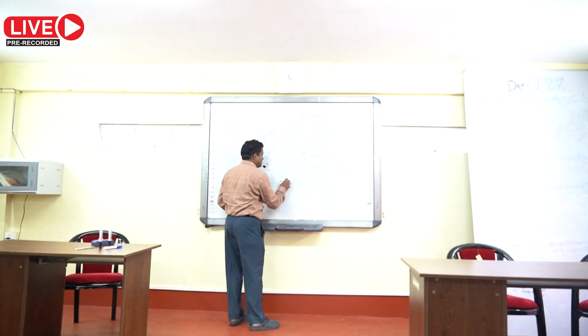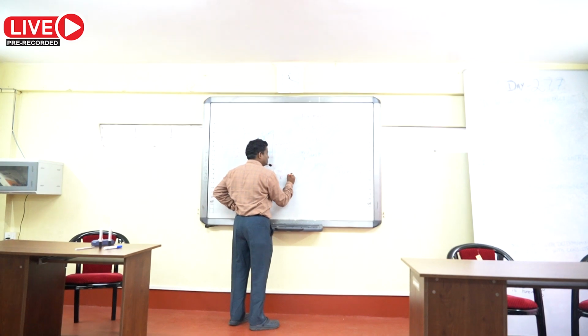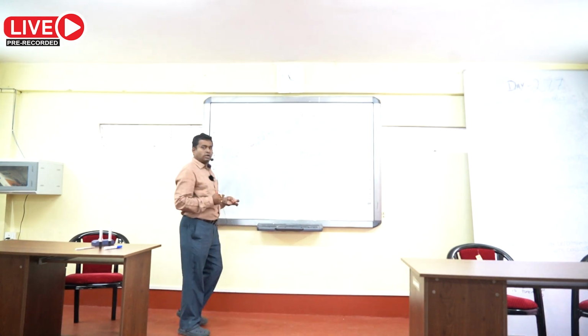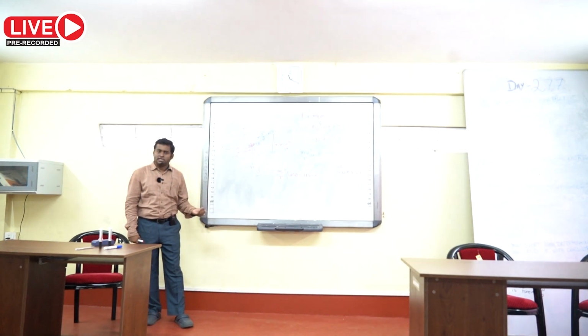Suppose on the left side I collect all the terms, then you can take mv square by r common, and it can be written as cos theta minus mu sin theta.